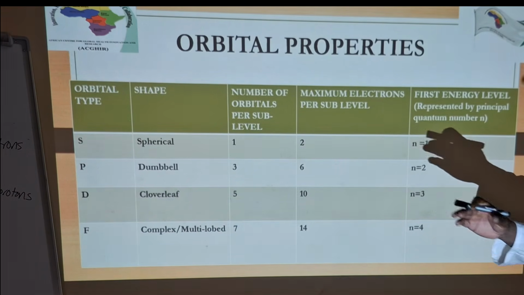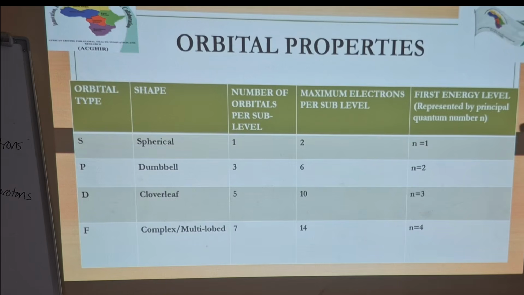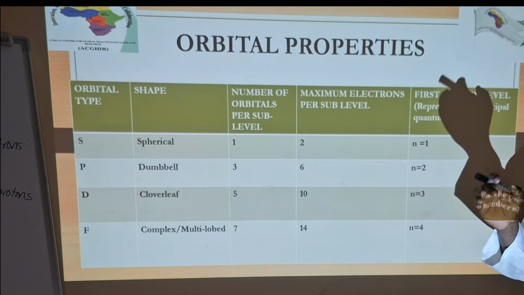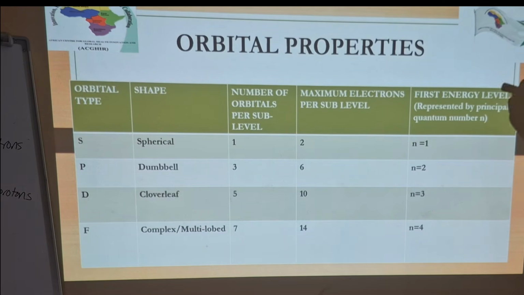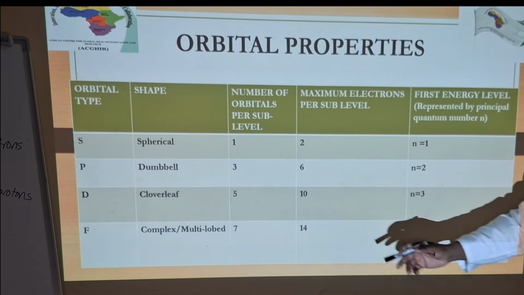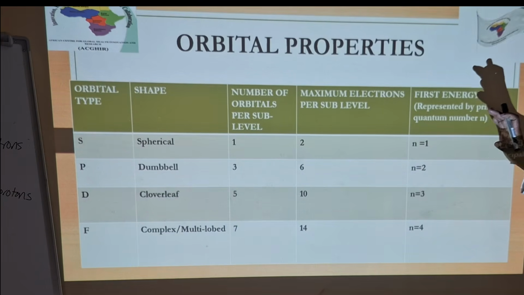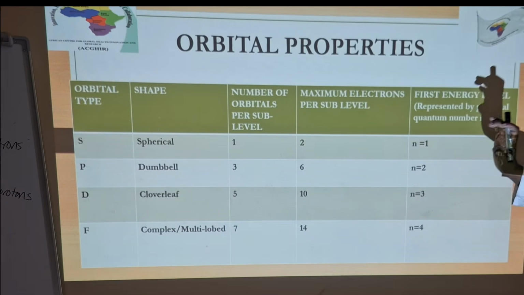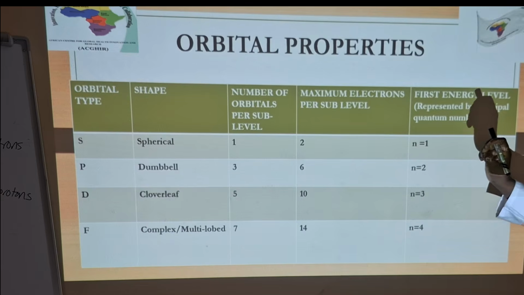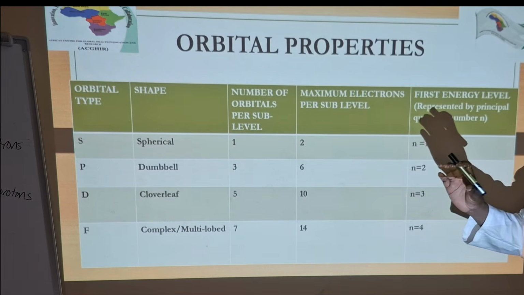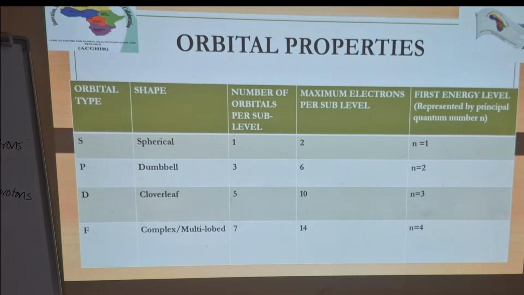For the complex multi-lobed F orbital, it has 7 orbitals per sublevel, meaning the maximum is going to be 14 electrons. This is very important when we move on to the electronic configuration of our atoms. Remember, I said it's very important for you students to be able to write the electronic configuration of the first 20 atoms, that is from hydrogen to calcium.